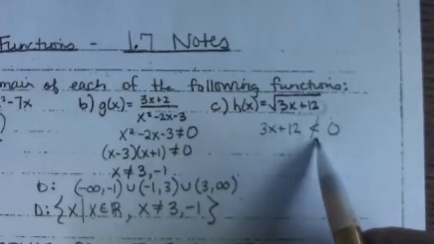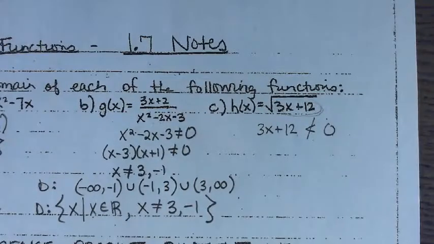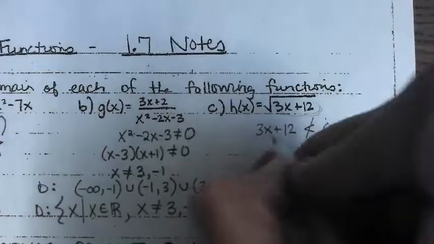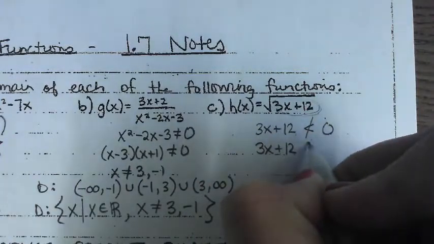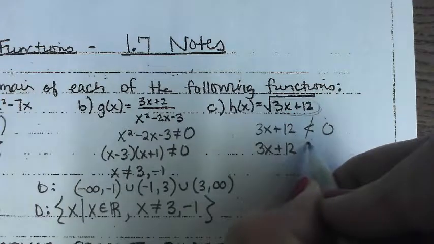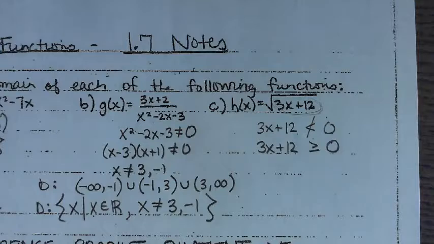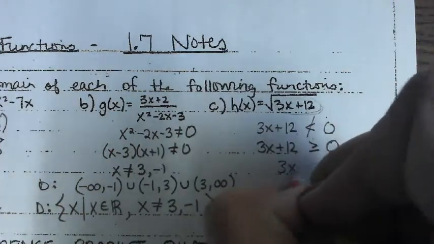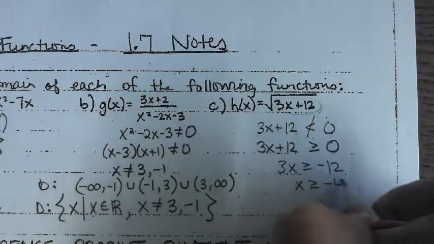That's not really a symbol in math, though. If you want to say it cannot be less than 0, then what does it have to be? Not just greater than or equal to 0. If it's not less than, then it's greater than or equal to. And then we solve this, subtracting 12 from both sides, dividing by 3.